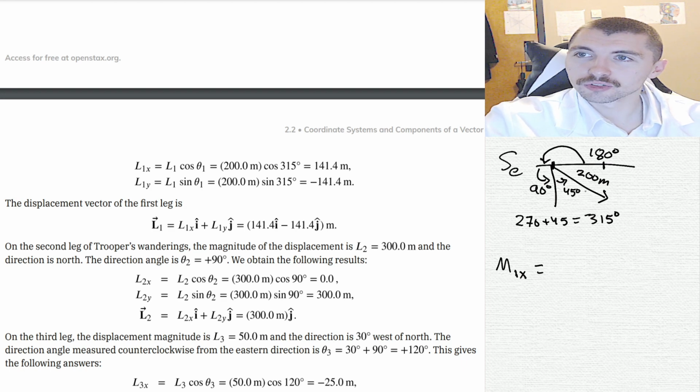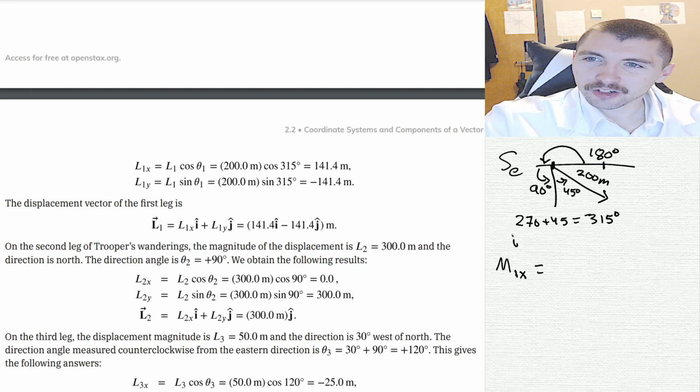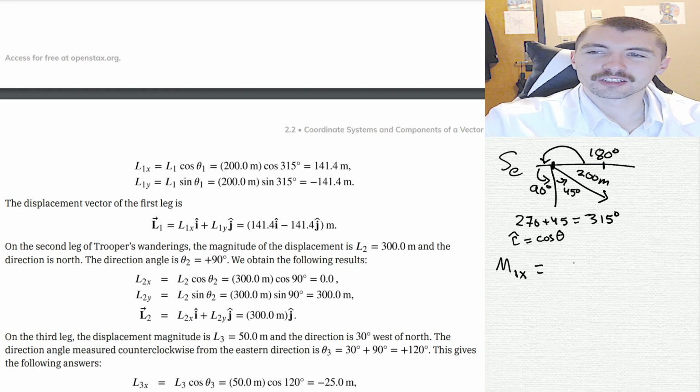So the direction's 315. So that's like our i hat. I don't know if that makes totally sense, but say our i hat is cosine theta. It's maybe one way to think of it.